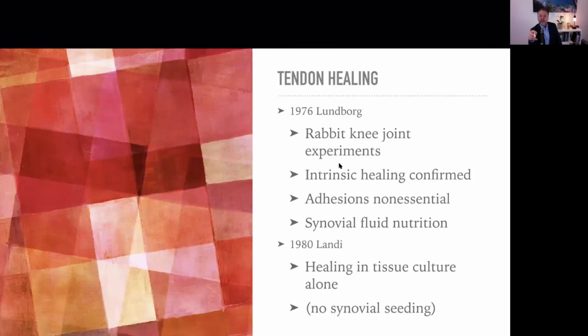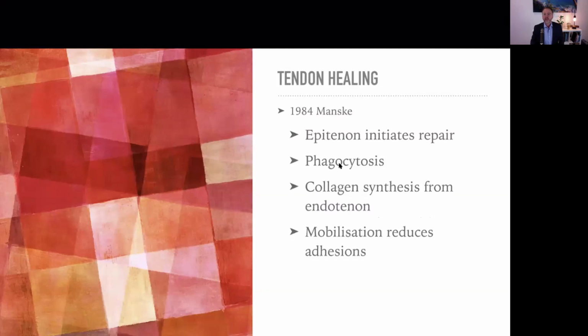So even in tissue culture, they were able to heal without any synovial seeding. So this knowledge of intrinsic tendon healing really changed the way tendon repair was able to be performed, and most importantly, changed the ability to rehabilitate actively and get those tendons moving.